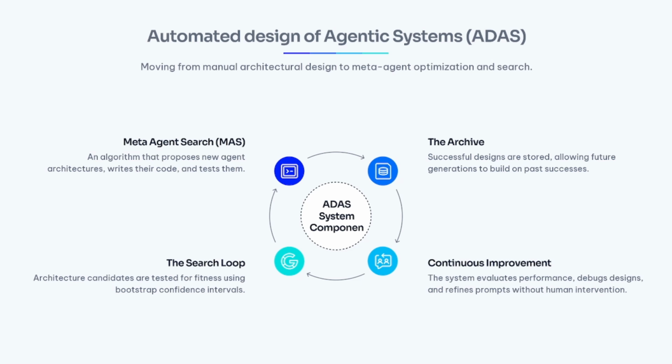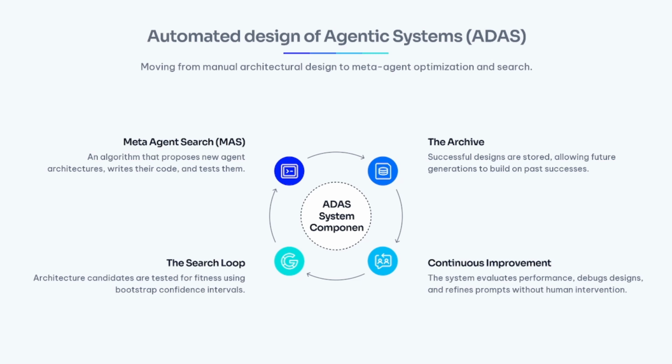So meta agent search, MAS, is an algorithm that proposes new agent architectures, writes their code, and tests them in your system. So in the search loop, architecture candidates are tested for fitness using bootstrap confidence interval. The archive. Successful designs are stored, allowing future generations to build on past successes, and their continuous improvement.